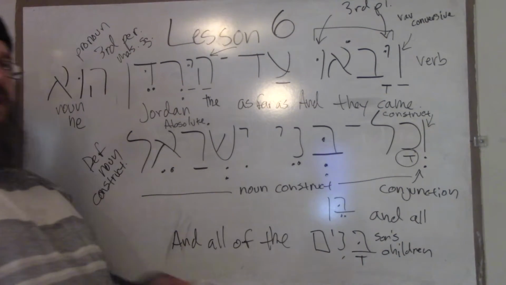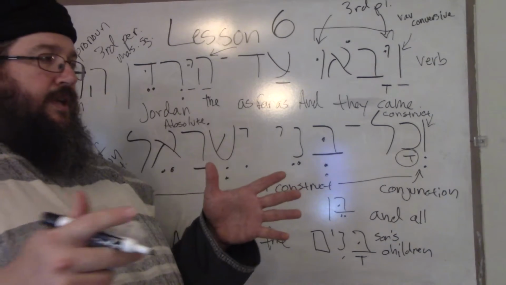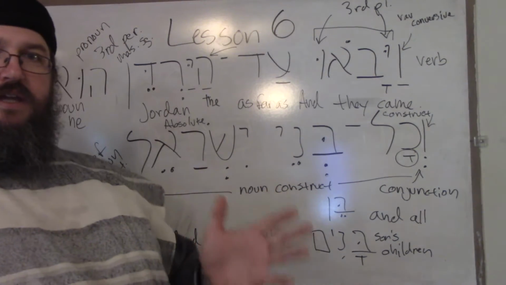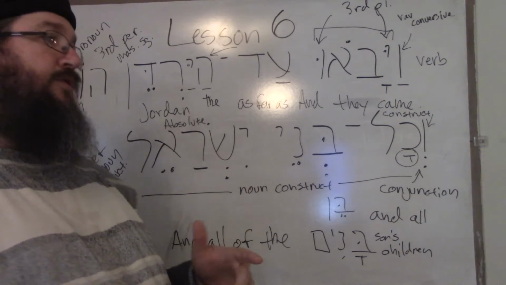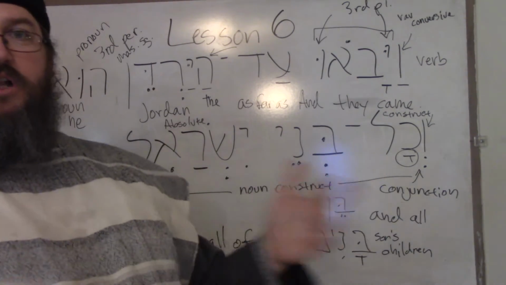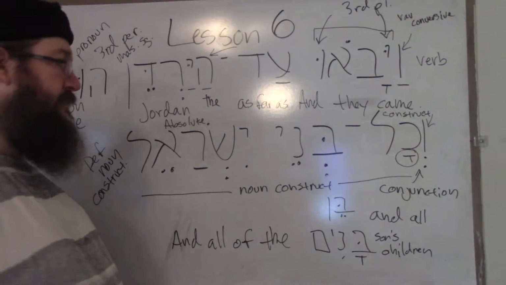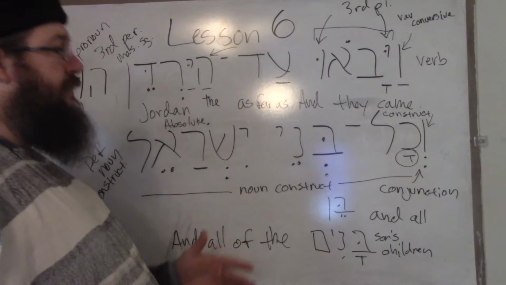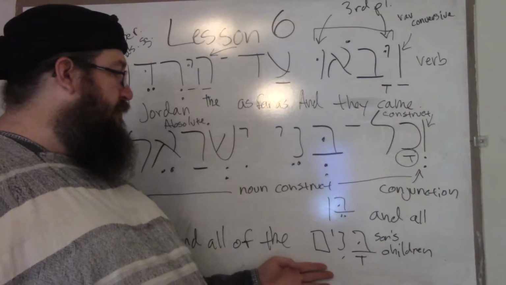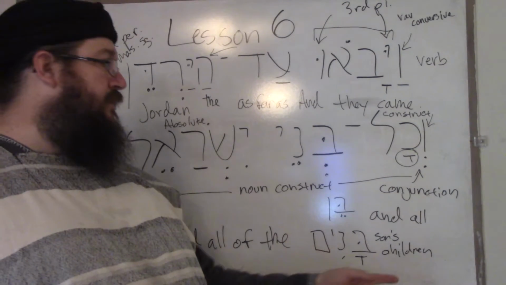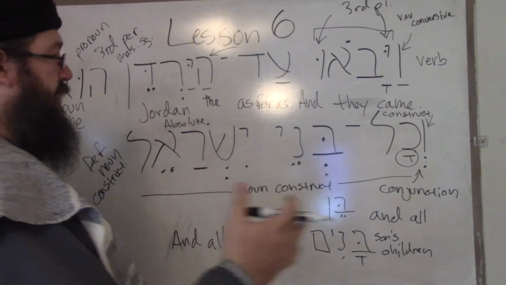Because the word banim is the plural form for either, you can even have banot, daughters, and banim, sons, and you put them together and you would not say banot and banim, you would say banim, for children, for all of them, collectively together. We always use the masculine form when we're collectively using all of them together. Okay? So yes, you can argue the fact that banim does literally mean sons, but banim in its generic form means children.